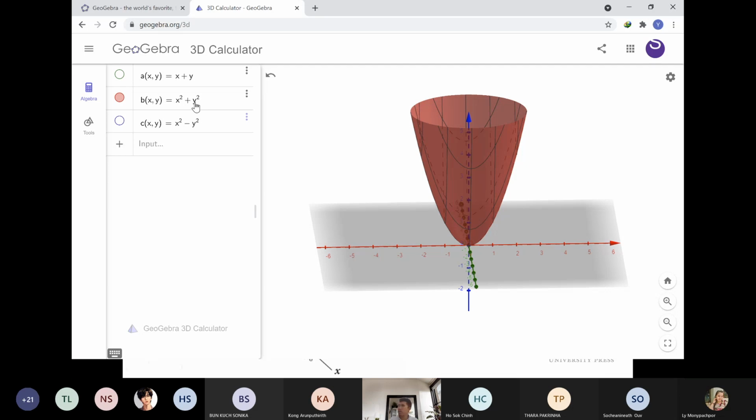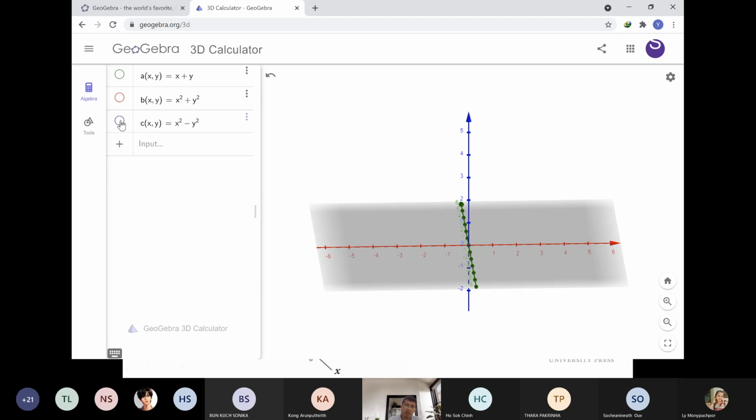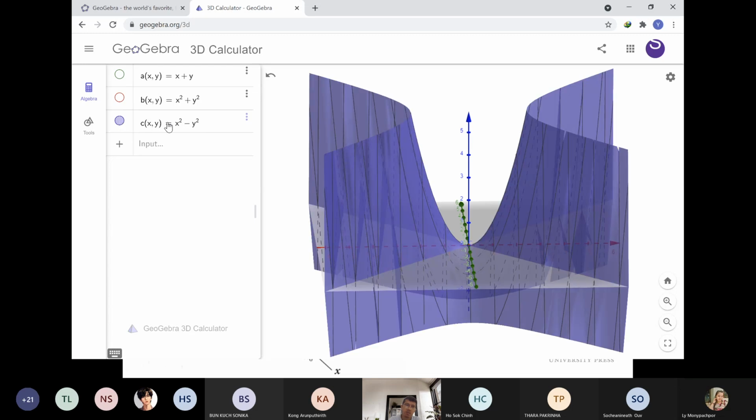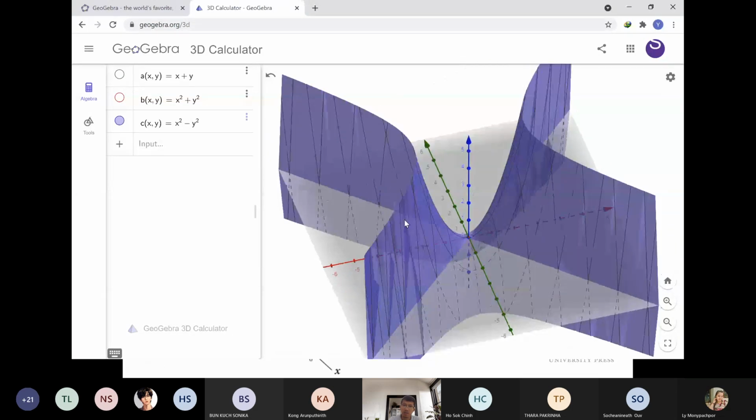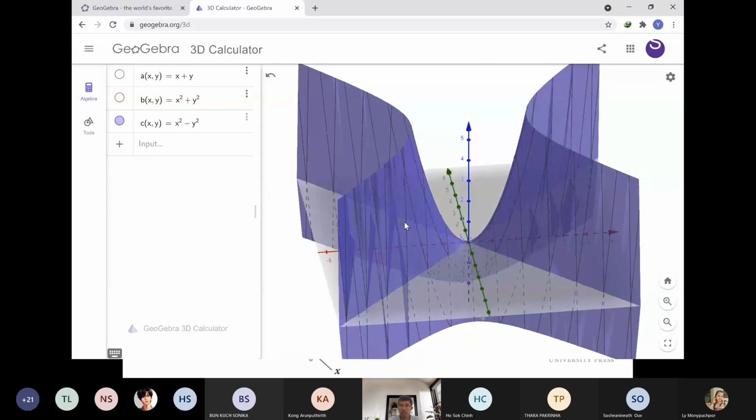Okay, and how about this one? z equal to x squared minus y squared. If you plot this curve, not curve anymore, I'm sorry, if you plot the graph of this function, it will be something like this.